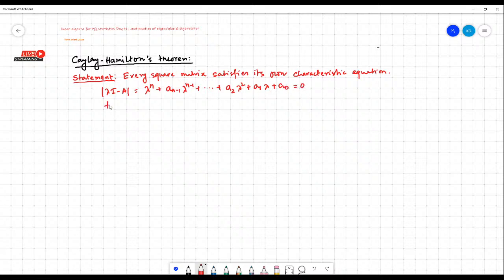Then In is the identity matrix of order n.